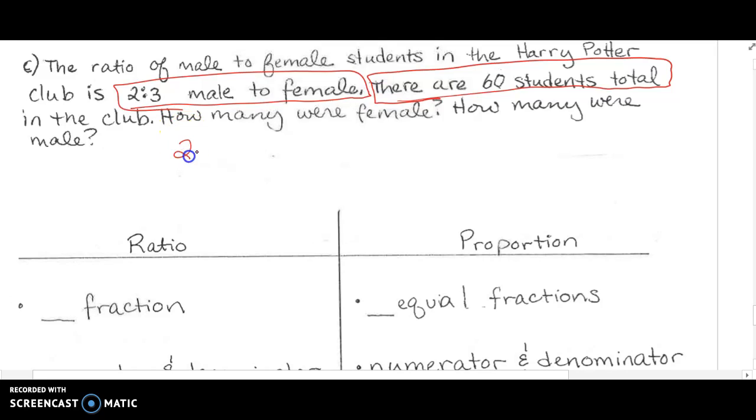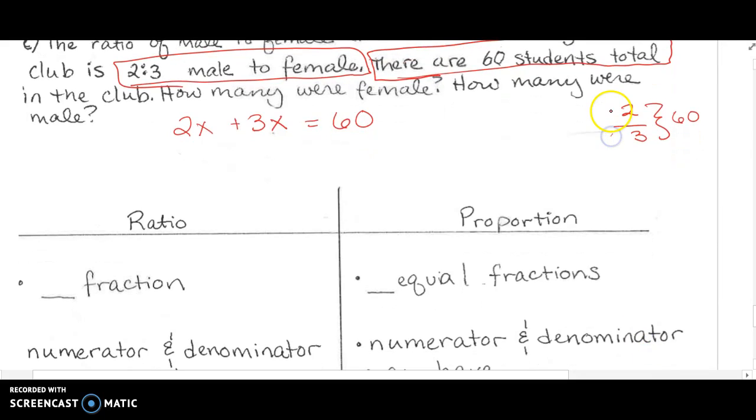We know that 2 times something plus 3 times something will equal 60 total. Again, we're thinking of it as the ratio was 2 to 3, and together these numbers used to equal 60 before they were reduced. Used to be times some number.